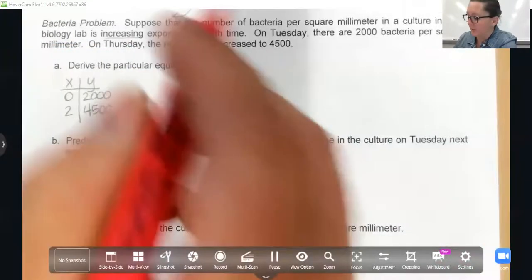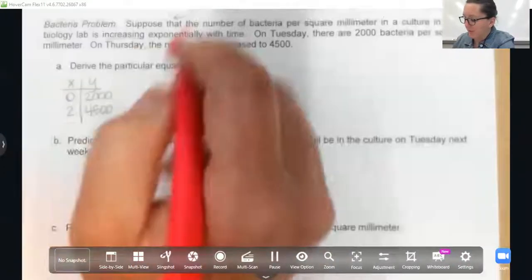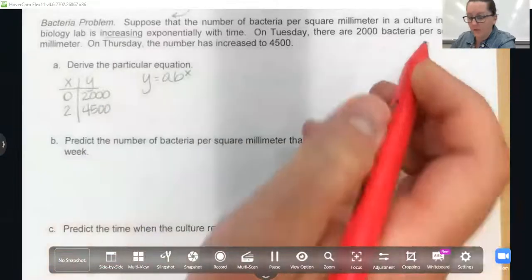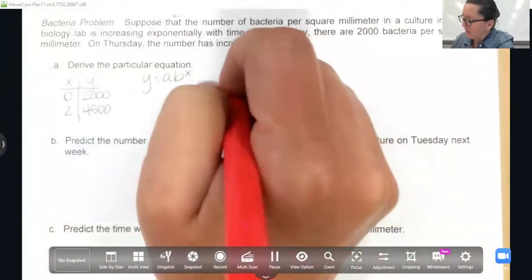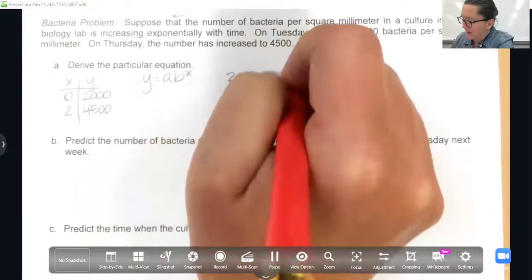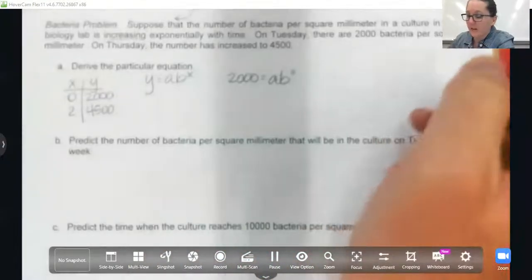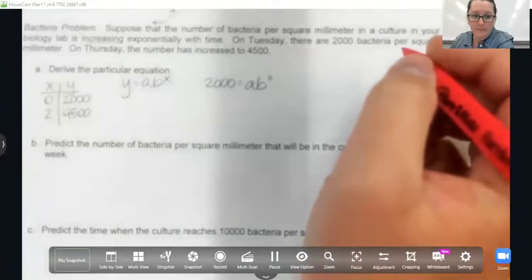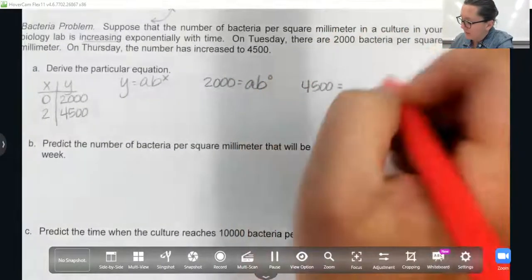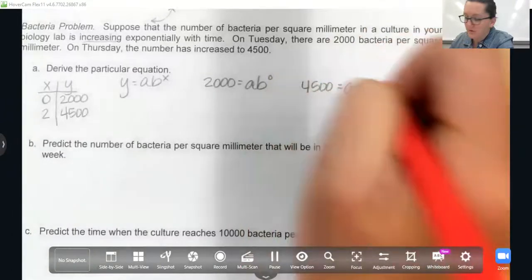So we're going to derive the particular equation. Our second step there was to plug in the x and y values into our y equals a b to the x power. So we have 2,000 equals a b to the 0, and then we have 4,500 equals a b squared.